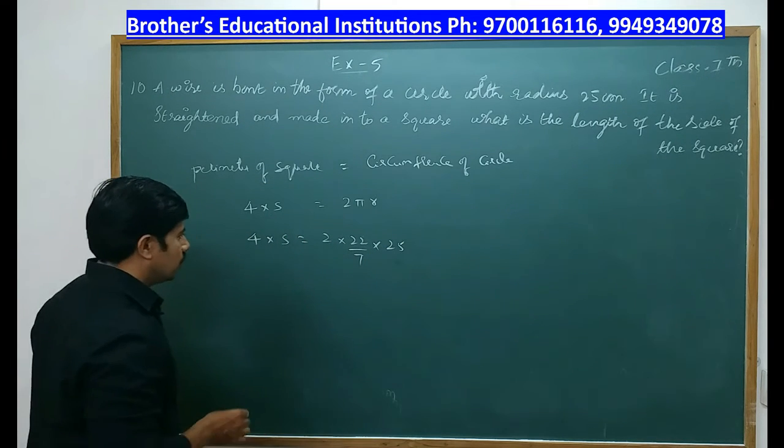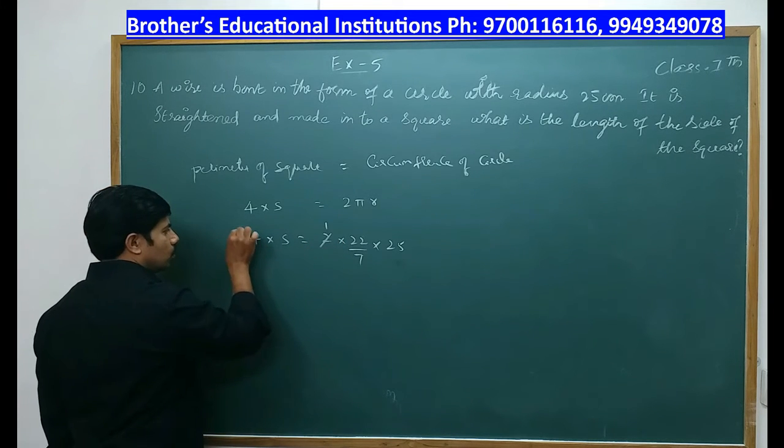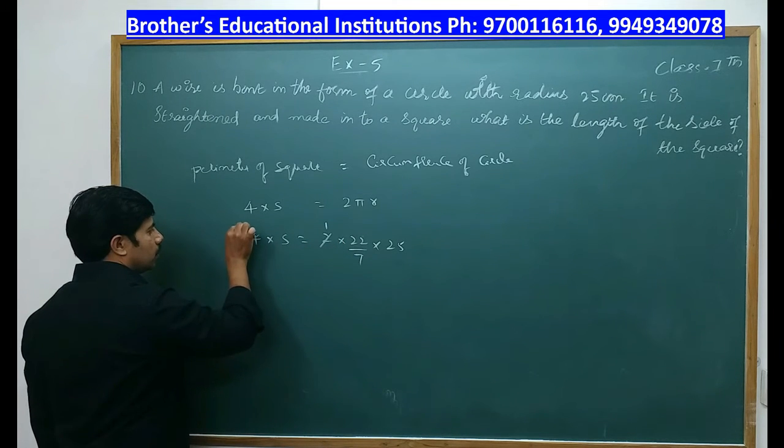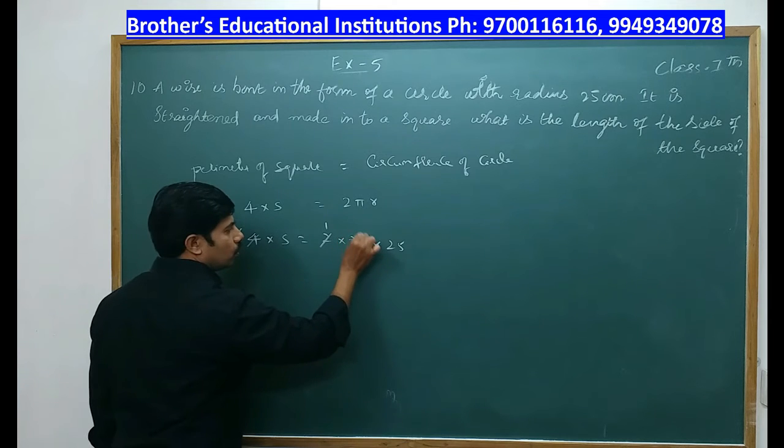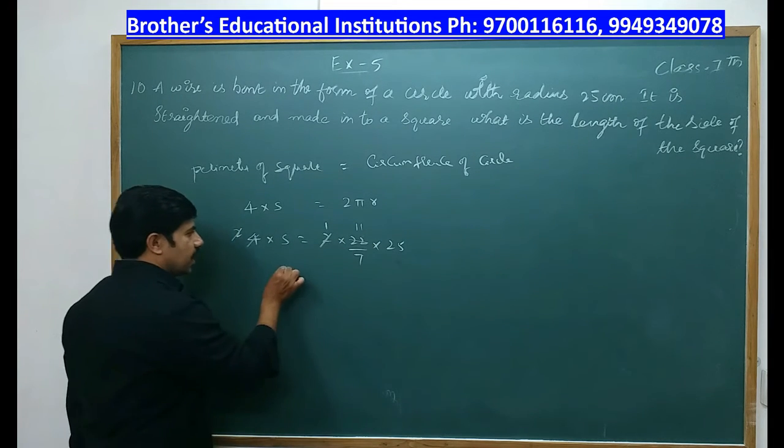Now we can cancel this. 2 ones are 2, 2 twos are 4. Again 2 ones are 2, 2 elevens are 22. Now the remaining is the side. So what is s?